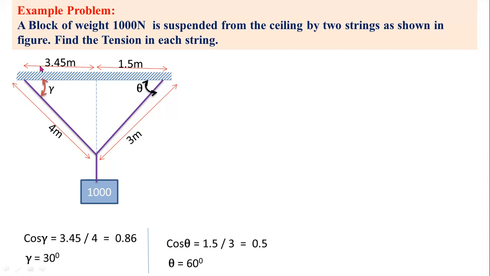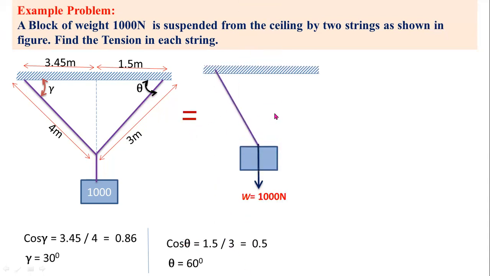Now you have to convert this diagram into a forces diagram. Self-weight always acts vertically downwards, and T1 is the tension in the opposite direction. This is the tension in the other string. So these are the two opposite forces. From Newton's law, for every action there is an equal and opposite reaction.